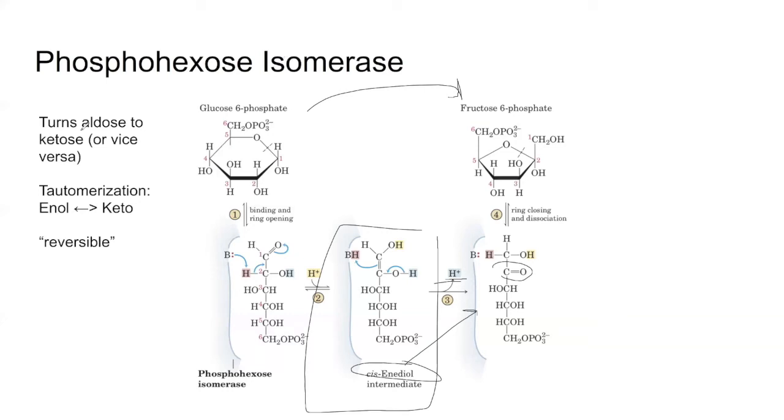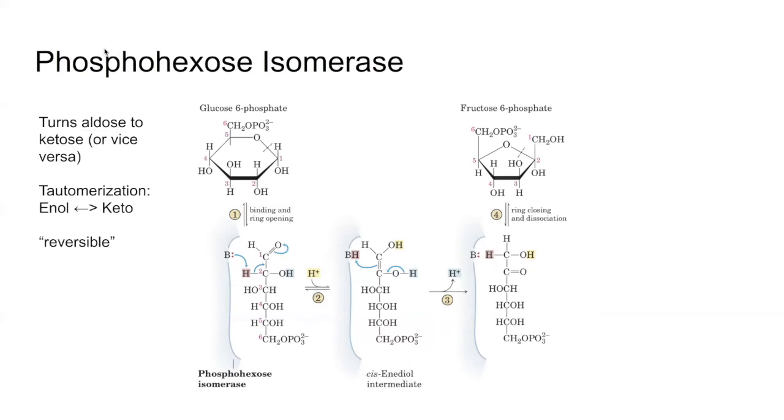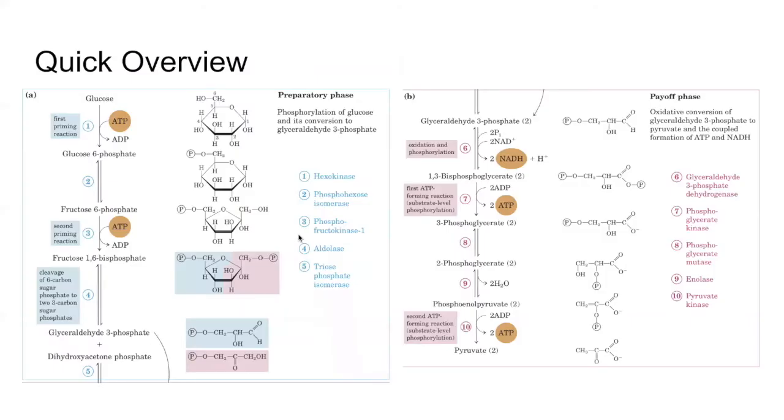And also note that even though this step is an aldose to a ketose, we can also run this reaction backwards, and generate an aldose from a ketose. So this is just something to keep in mind. In all these reactions we're going to see in the future, where we go from an aldose to a ketose or ketose to aldose, you should at least know that this mechanism is the one in play.